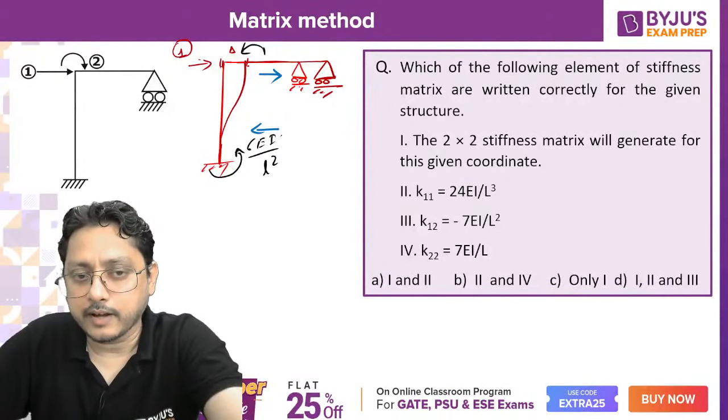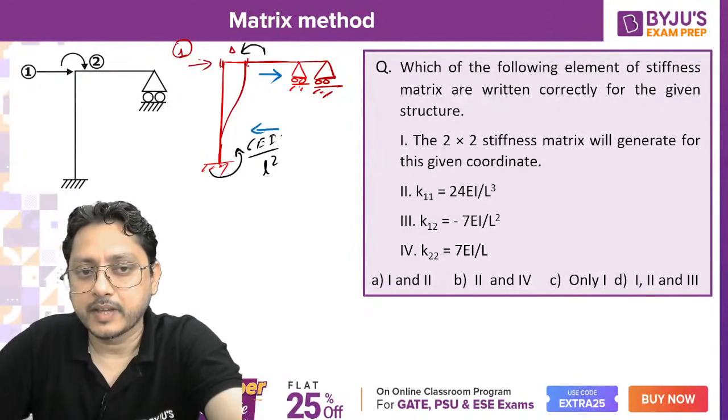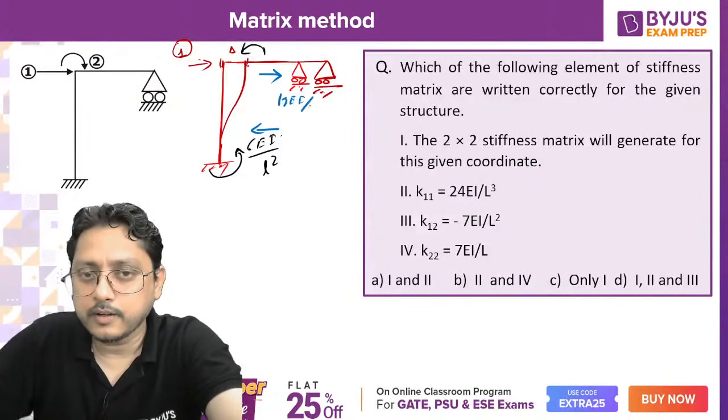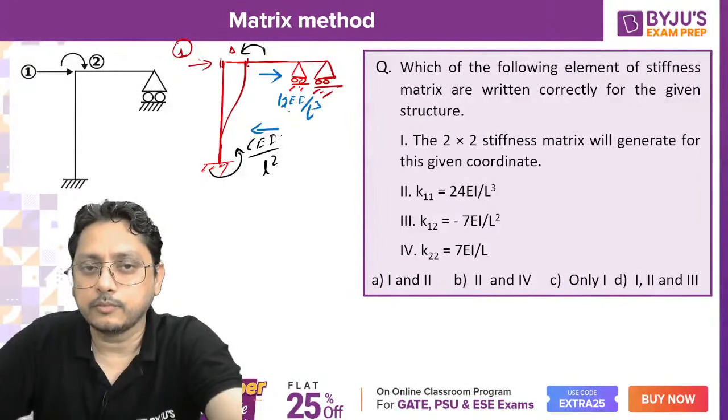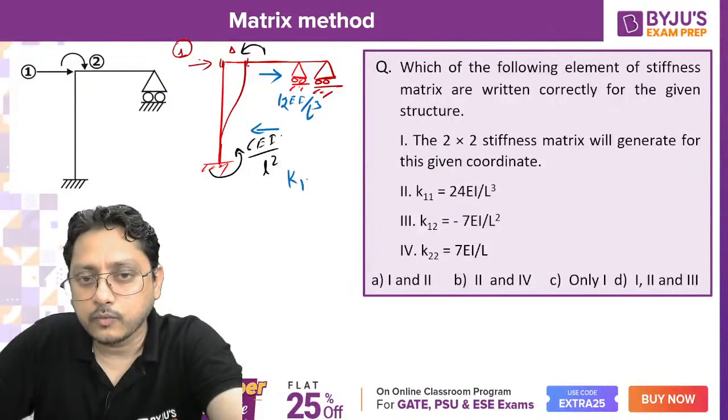Now you have a reaction which is generating a clockwise moment to oppose the anti-clockwise moment. Are you able to understand that? This is clockwise, this is anti-clockwise, and the reaction will be 12 EI delta, with delta 1, by L cube, 12 EI by L cube, right? Now what is the value of K11?